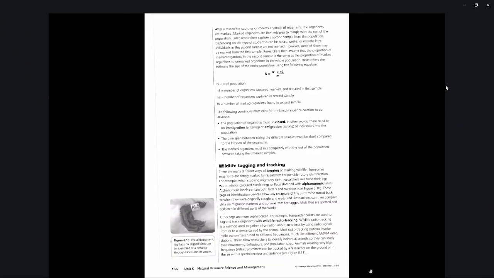They put on their leg a little metal or plastic ring, and it's got numbers and letters, and those tags identify the bird or the animal or whatever it is that's been tagged.